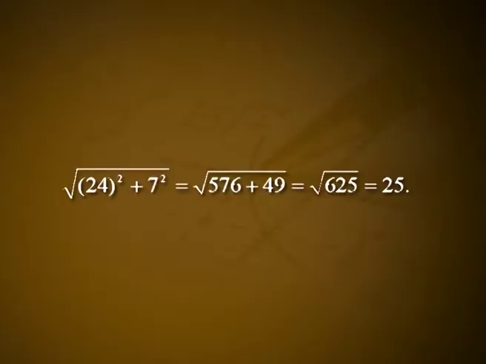Since theta is to be chosen in the range 0 less than theta less than pi by 2, this relationship is represented by a triangle. The hypotenuse of the right angled triangle is given by square root of 24 square plus 7 square is equal to square root of 576 plus 49, which is equal to square root of 625, which is equal to 25.